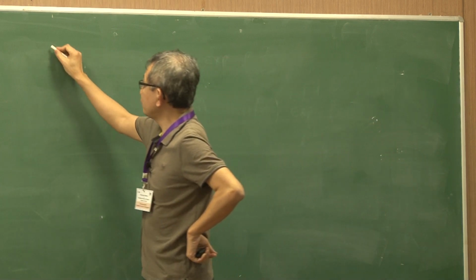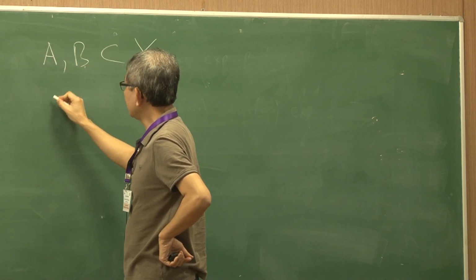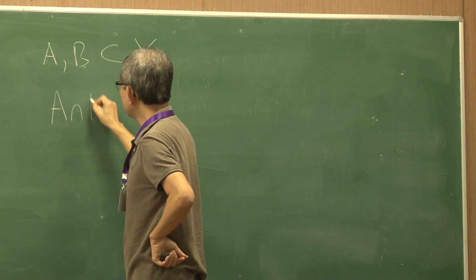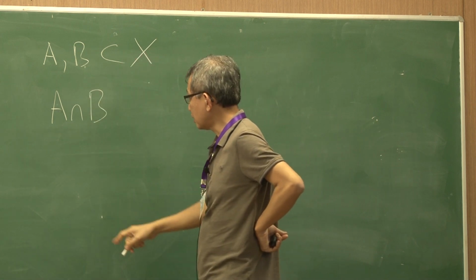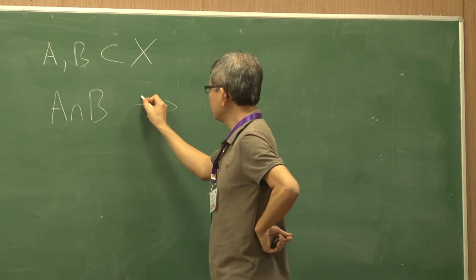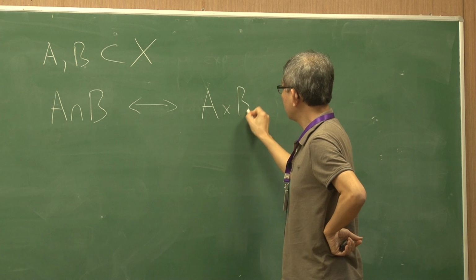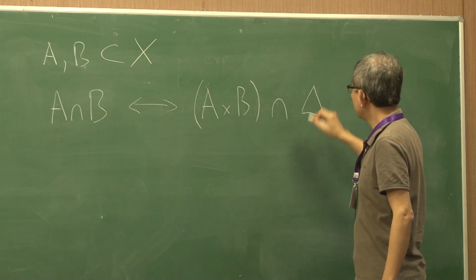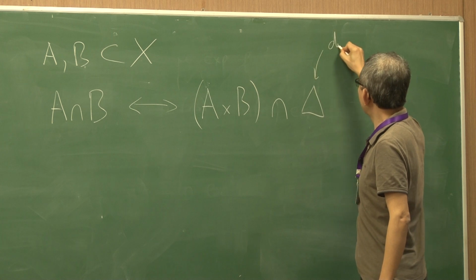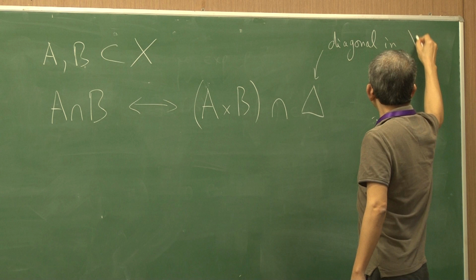So assume that you have two sets, A and B, inside X, and then you want to study the intersection of A and B. The way that we see this is you can identify this with the Cartesian product of A and B, and you take the intersection with the diagonal in X².